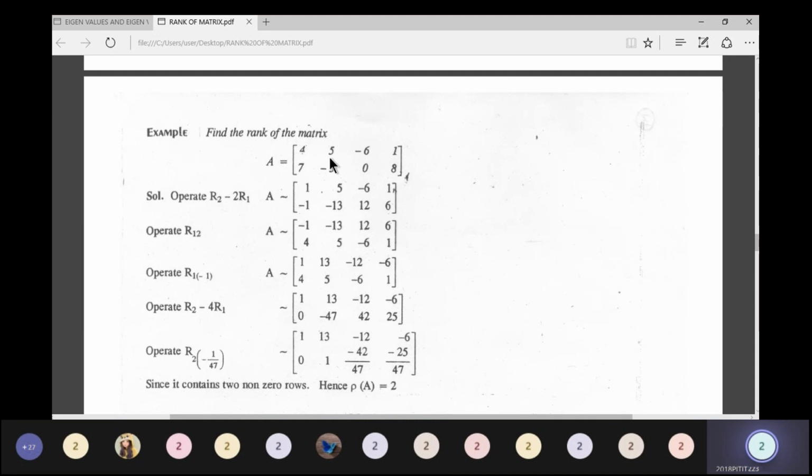Next, minus 10 minus 3 is minus 13, minus plus 12, it is 12. So there is a change only in R2. R1 remains the same. Say, printing mistake, this 4 must come. Okay. So what next? What do I do?